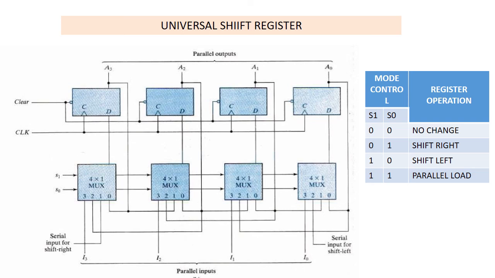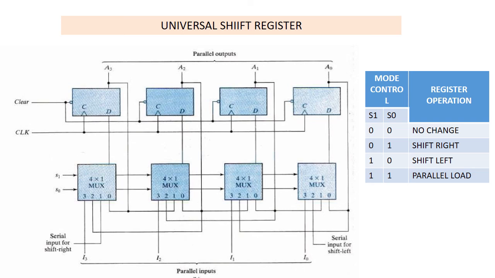When S1, S0 equal 0, 1, terminal 1 of the MUX inputs have a path to the D inputs of the flip-flops. This causes a shift right operation with serial input transferred into the flip-flop FF4. When S1, S0 equal 1, 0, a shift left operation results with the other serial input going into the flip-flop FF1 or the first one.